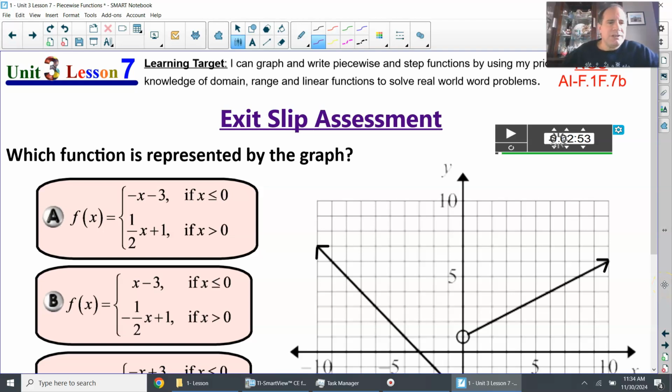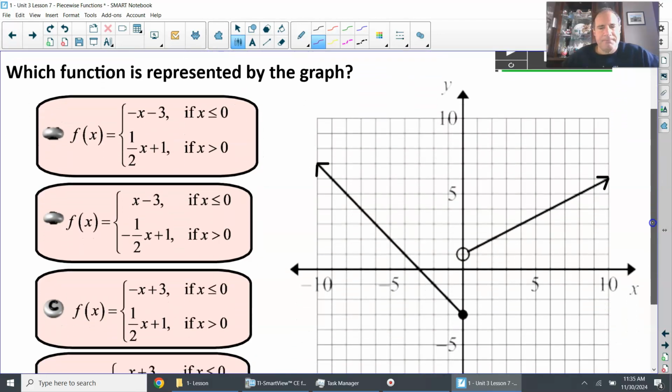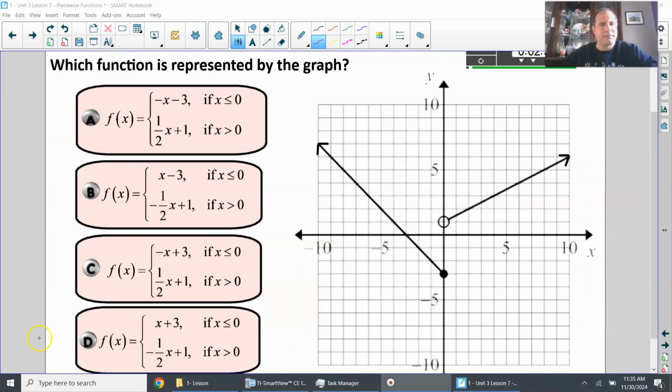So, which function is represented by the graph, the exit slip? Intercepts. All right, so the y-intercept of this one is 1. So the b equals 1 for this one. I'm just going to write on the graph. And the slope, we're just going to take the y-intercept and go by this and this. I like to use the y-intercept sometimes. This is a positive slope.